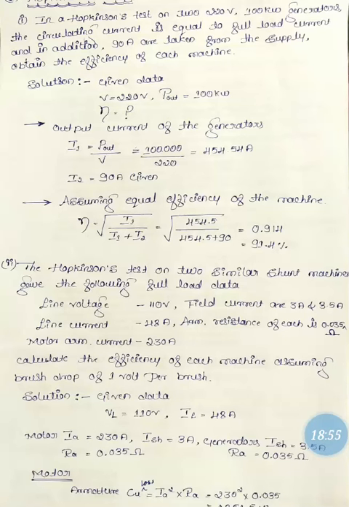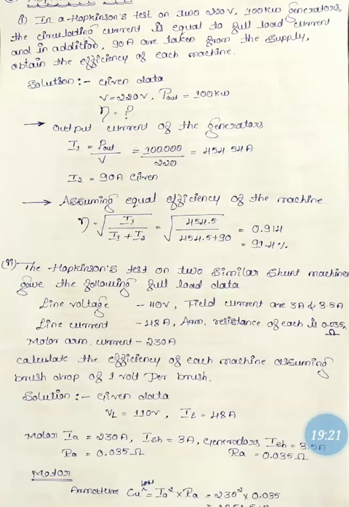So we get here 91.4%. This formula, eta is equal to square root of I1 divided by I1 plus I2, was discussed in the last video during the Hopkinson test of the DC machine. There we discussed this equation, eta is equal to square root of I1 divided by I1 plus I2.